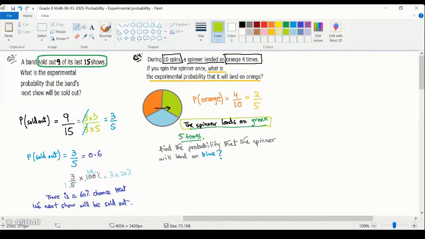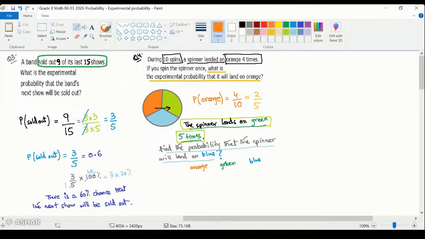What they're asking us, find the probability that the spinner, how many times would the spinner land on blue? We know that we have 3 colors. We have orange, we have green, or we have the blue. These are the only 3 options that we have on the spinner. Agreed?